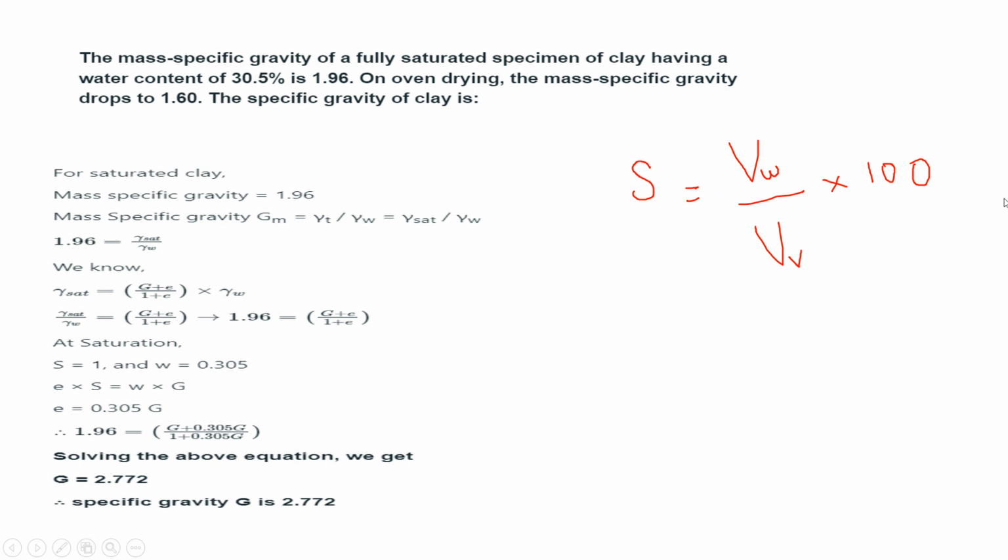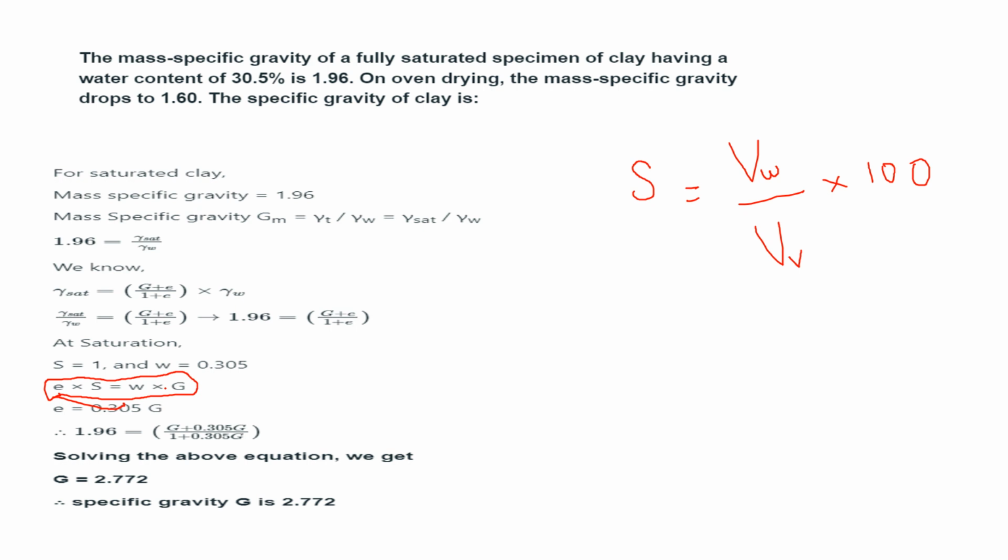In percentage it is 100 percent, but when we substitute, we put it as 1. Okay, fine, thank you. So where were we? S r e equals w G is a very important formula. Many questions on this formula will come. S r e equals w G.